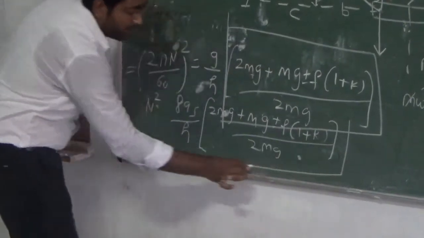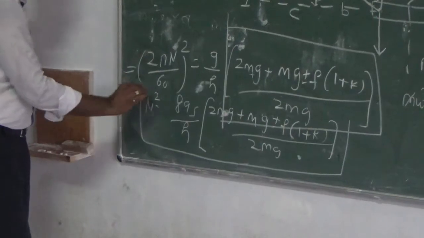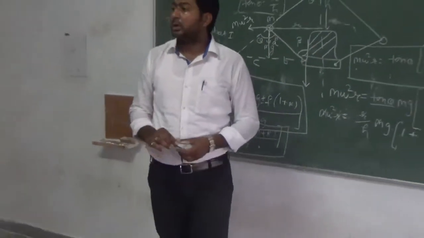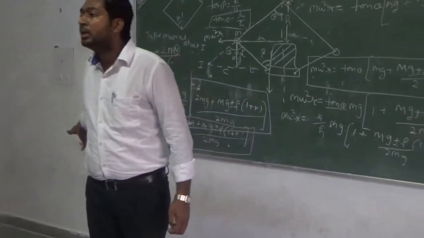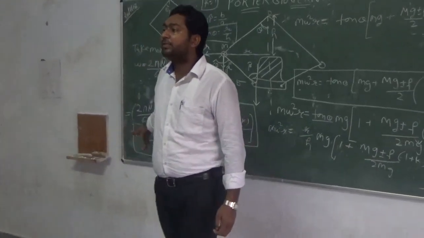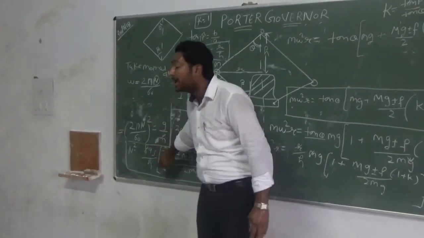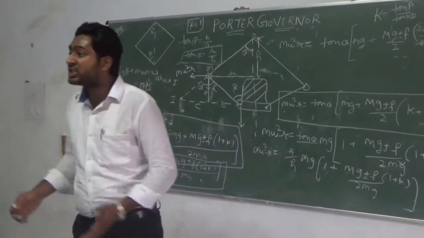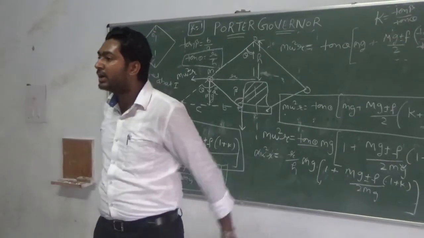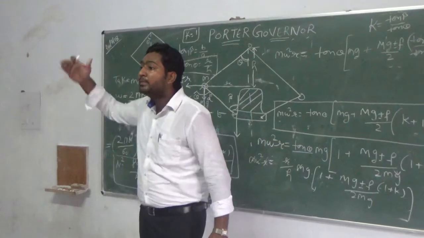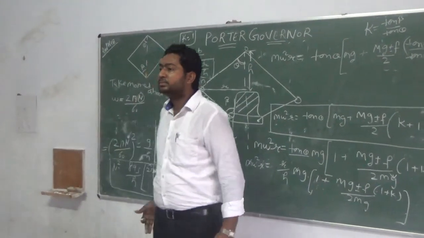This is the equilibrium equation of Porter governor, which is different from Watt governor, because this term is extra in Porter governor. So the sleeve movement in Porter governor is larger than the sleeve movement in Watt governor.